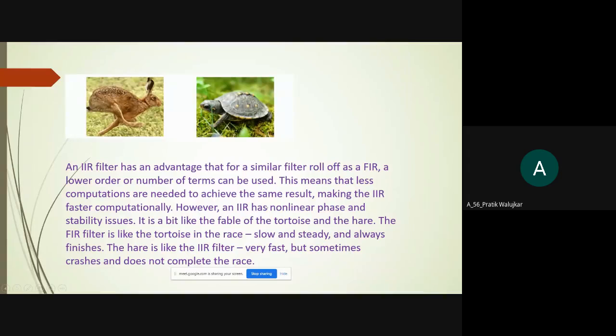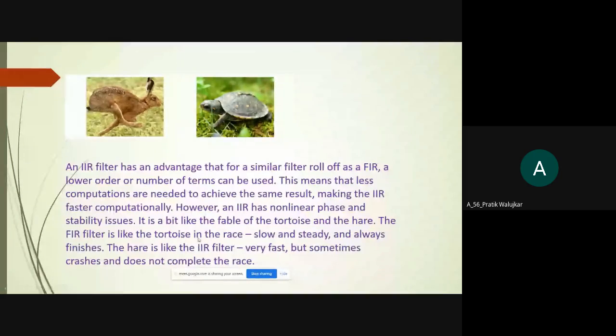However, an IIR has non-linear phase and stability issues. It is a bit like the fable of the tortoise and hare. As I said, this is an example of the story of the tortoise and rabbit. A FIR filter is like the tortoise.